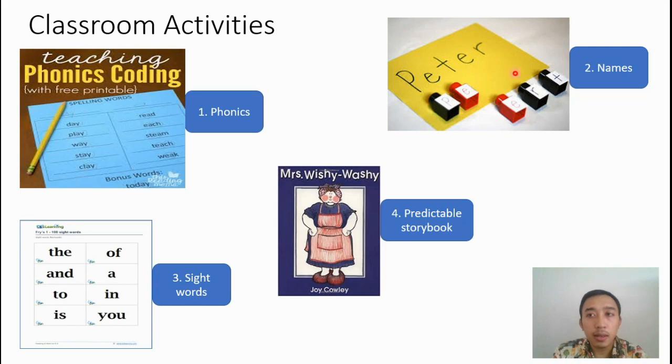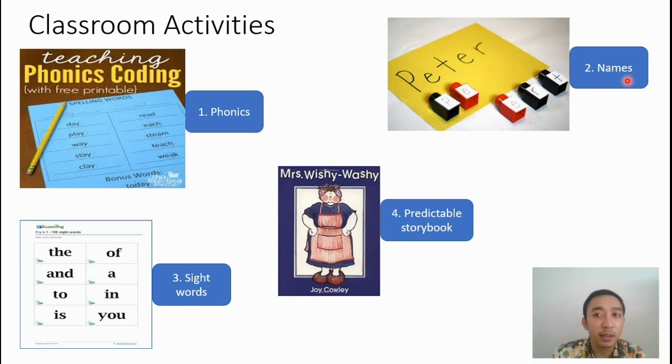And the next one is names. Teaching reading to young learners is also possible using names. What do we mean by names? Names here can be in the form of scrambled letters. Have you ever done that? We find scrambled random letters, then they have to arrange them in such a way to make the names of their friends in the classroom.